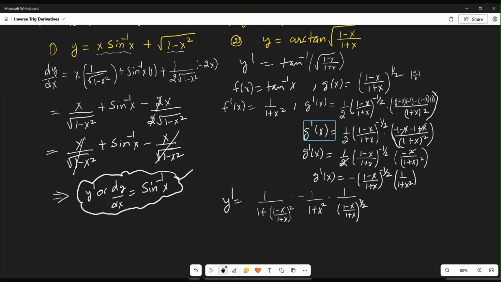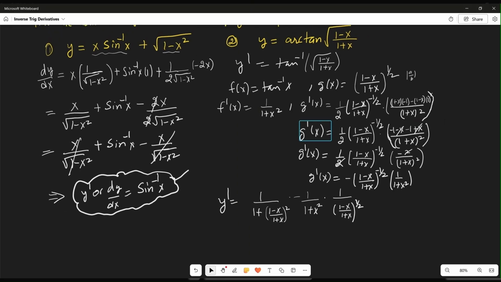Now look at this. Inner function, we assume that x is equal to square root of 1 minus x or 1 plus x, correct?